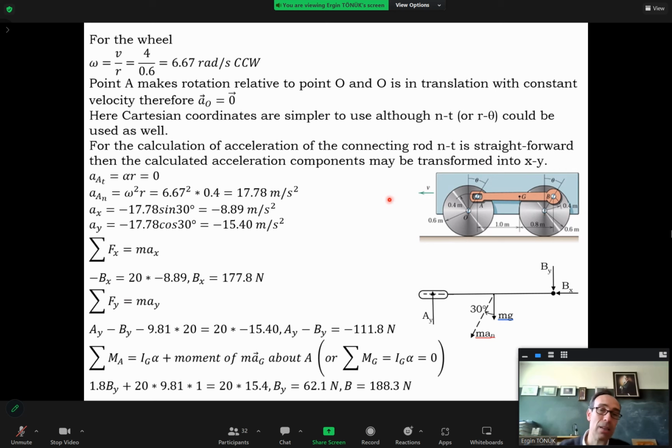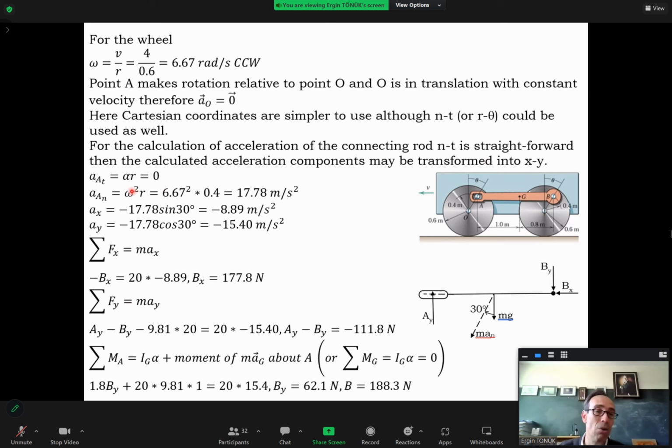So actually, if you like, you may start with NT coordinates, which I did so. So I have calculated the tangential and the normal accelerations of point A. Actually, it's the same for B. It doesn't matter. So although I say A, it's B, and also it's for G, okay? If a body is in translation, every point on it would have the same linear acceleration because there is no rotation.